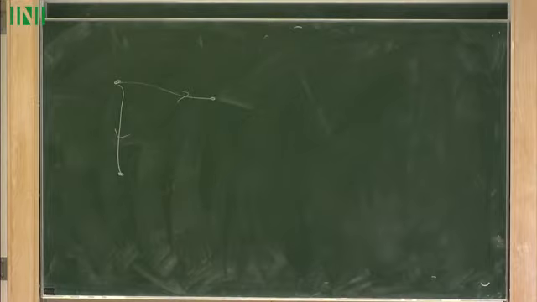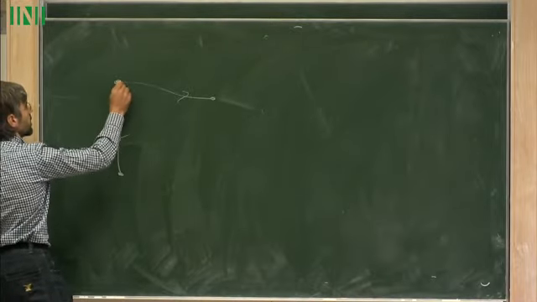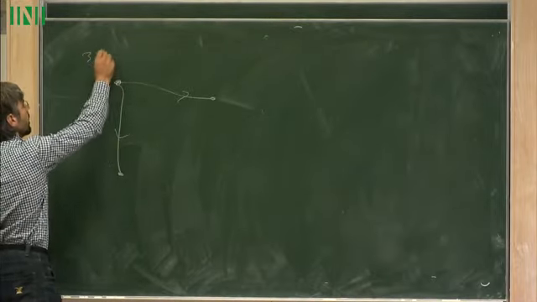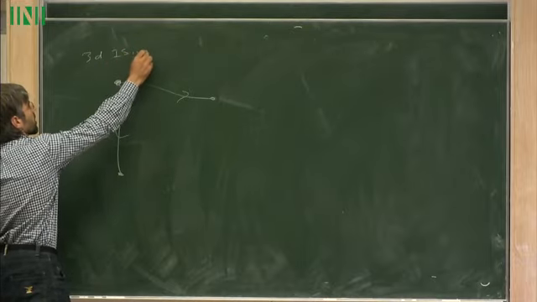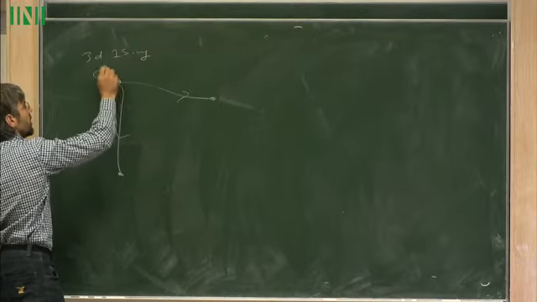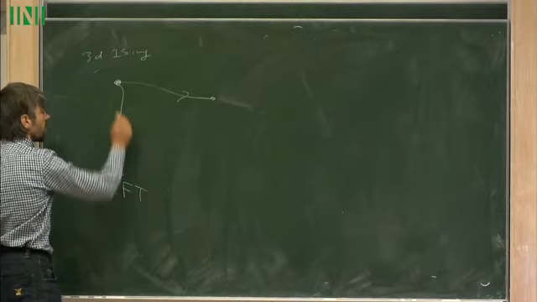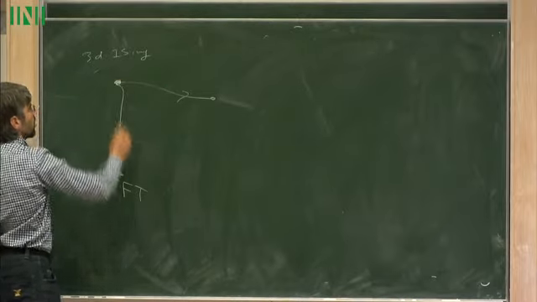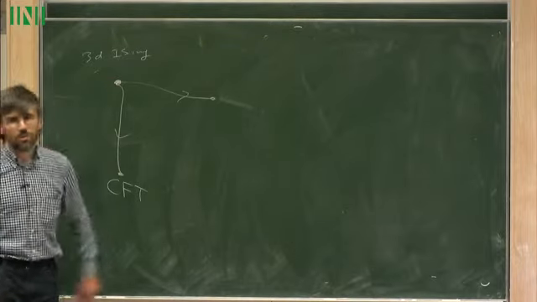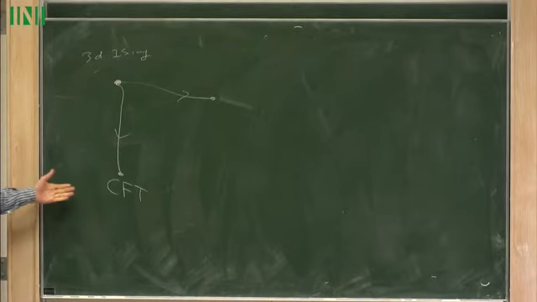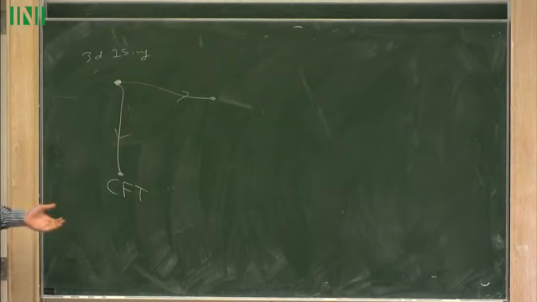Because these fixed points, now let's take the Ising model, the 3D Ising model. There is presumably some fixed point, some CFT which describes the 3D Ising model, and you can presumably flow to this CFT from the Gaussian fixed point. But what do we know about this fixed point? I mean, it's a Platonic object.